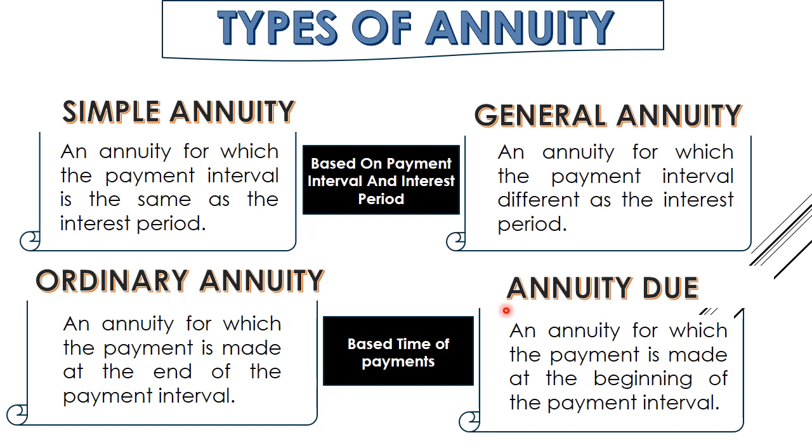If the payment is at the beginning of the payment interval, for example, the beginning of the quarter, then this is an annuity due. These are the types of annuity, and there are other types, but I choose to focus on these four since they are among the most common and basic types of annuity.